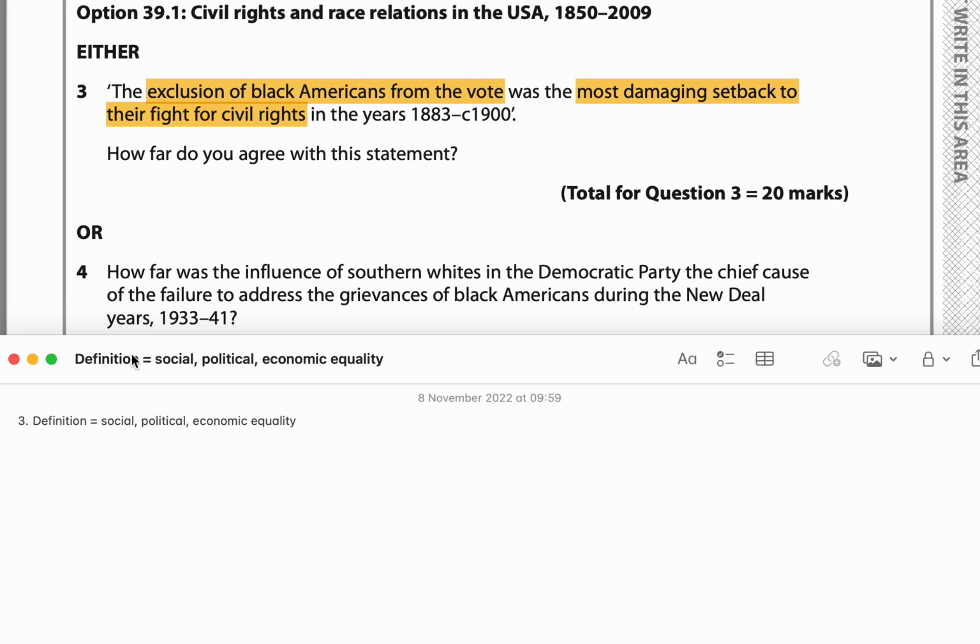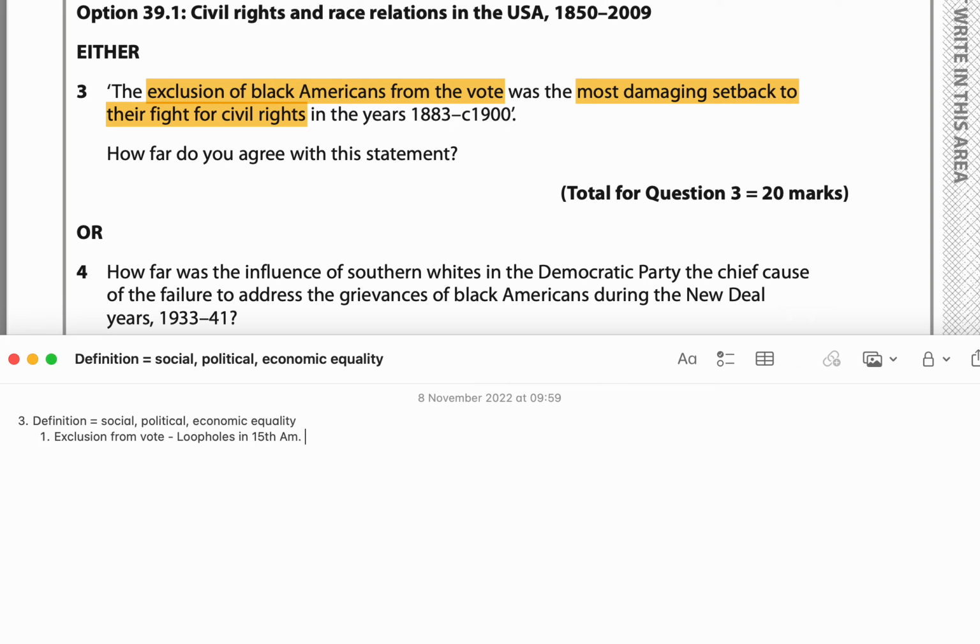Right, so paragraph 1 is always the factor in the question. So the exclusion from the vote. If you think about how Black Americans were excluded from the vote, really we're talking about loopholes in the 15th Amendment.